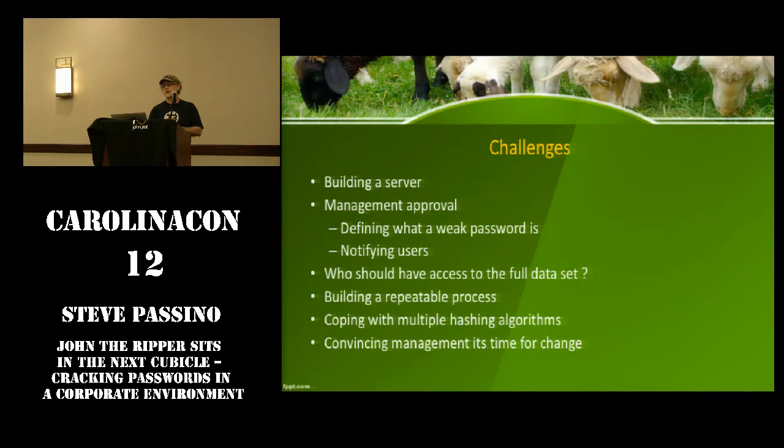And one thing that I found, and this comes back to the configuration stuff, I was running across multiple hashing algorithms. A single server could have 4 or 5 different hashing algorithms, from default all the way up to SHA-256 or SHA-512, as much as it supports. Well, when you run John, it can only do one at a time.